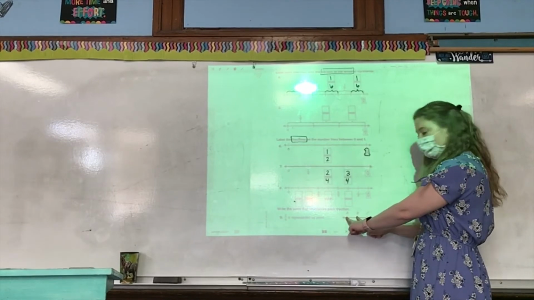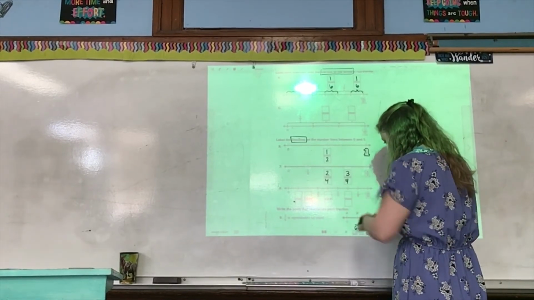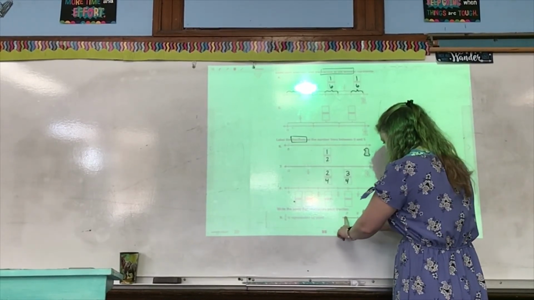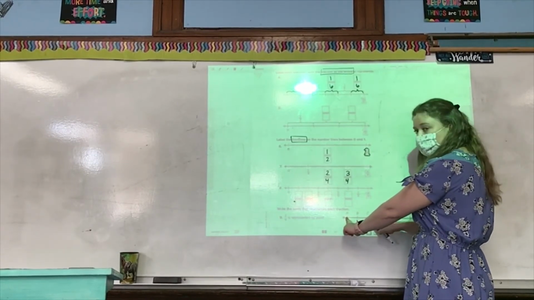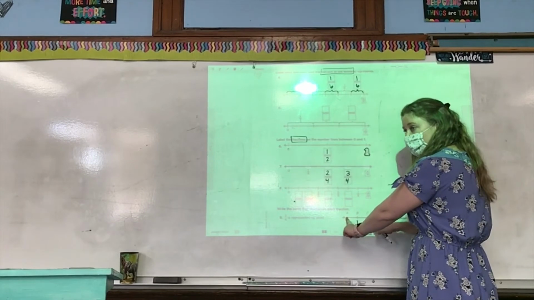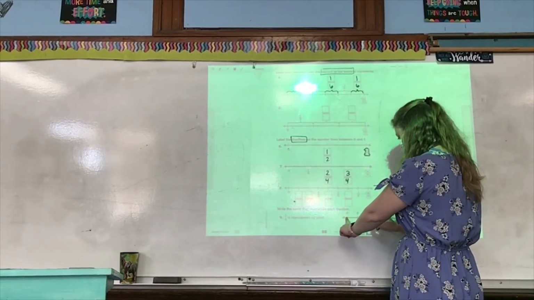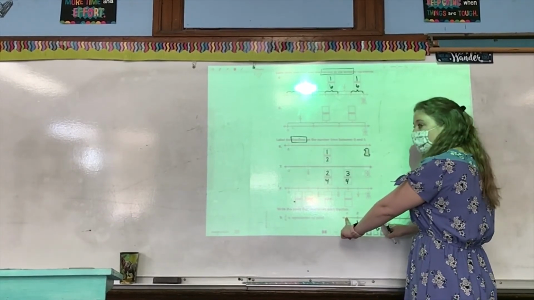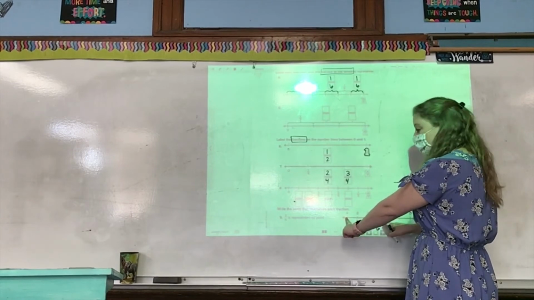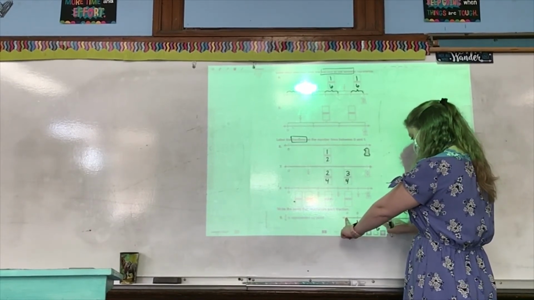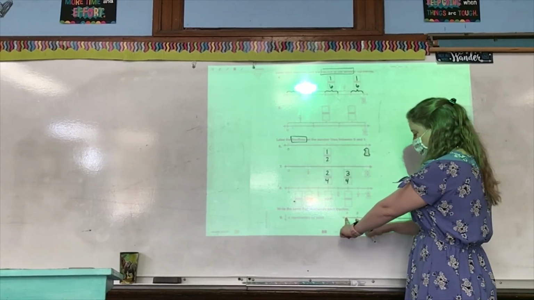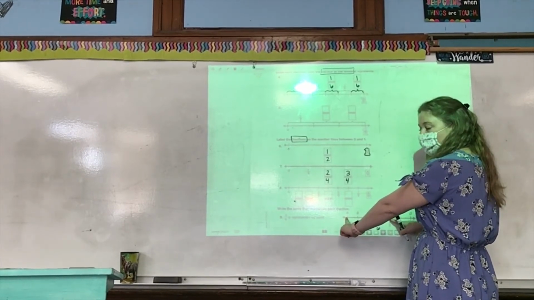Class? 1/6. Now I'm 2 tick marks away. 1, 2. So I'm at what fraction? 2/6. Now I'm 3 tick marks away. 1, 2, 3. So I'm at what fraction? 3/6. Now I'm at 4 tick marks away. 1, 2, 3, 4. So I'm at what fraction?